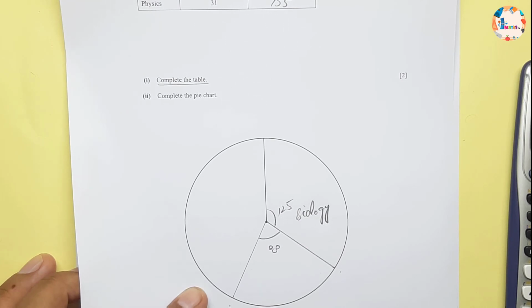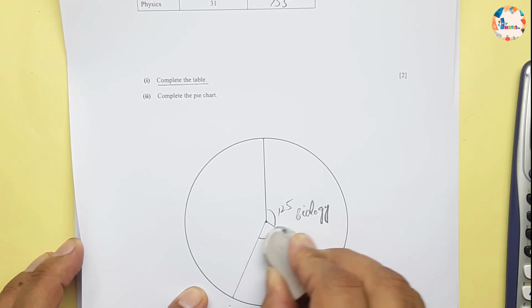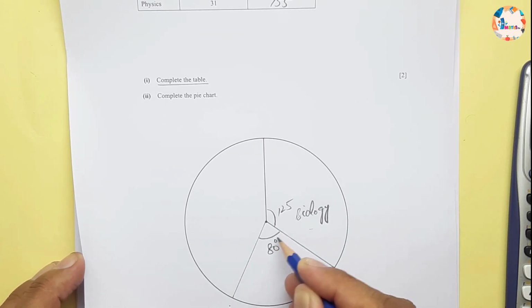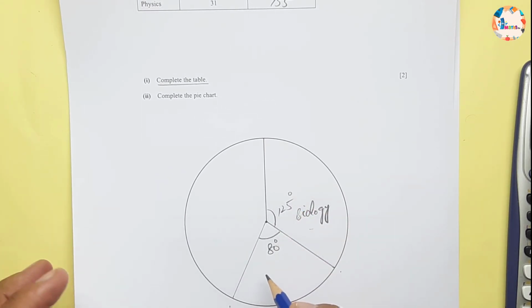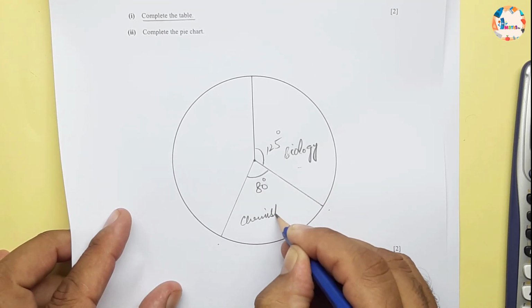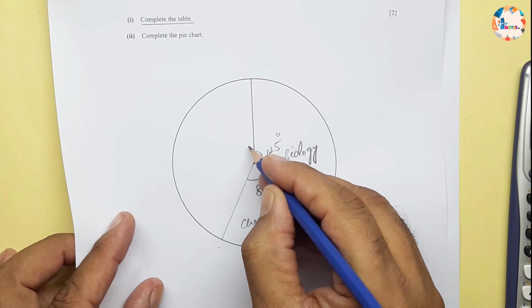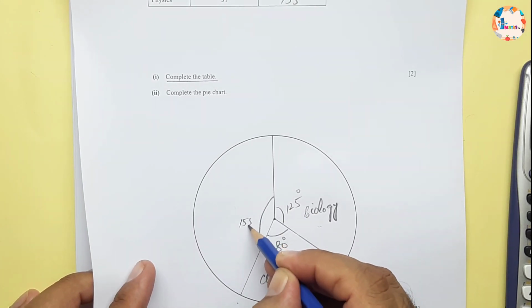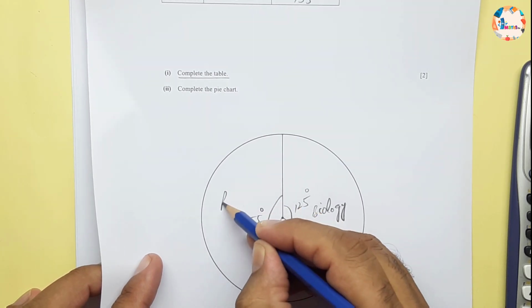So now this is 80 degrees and this is for chemistry, and this last one is 155 degrees, and this is for physics.